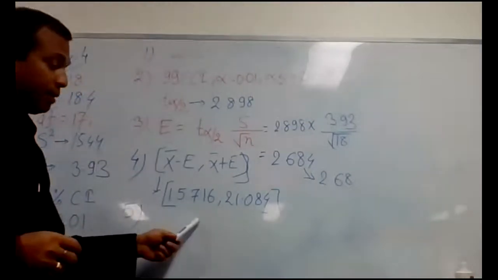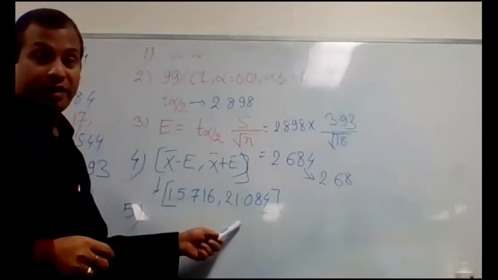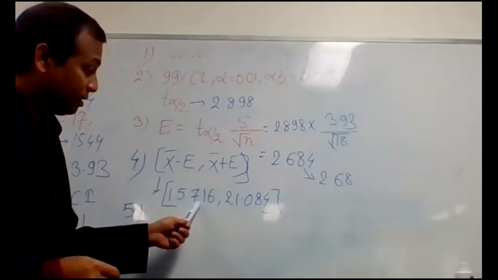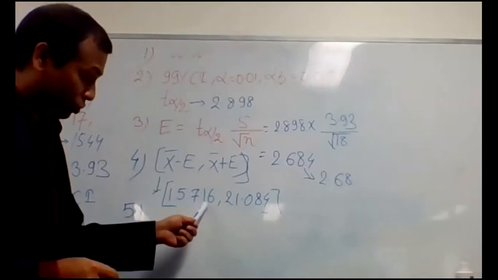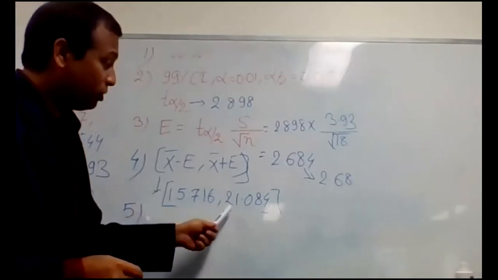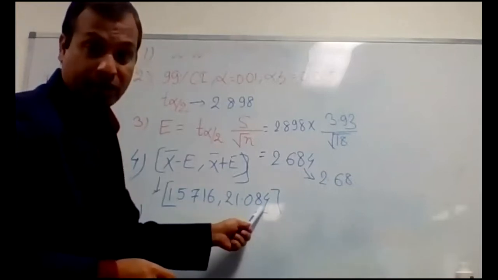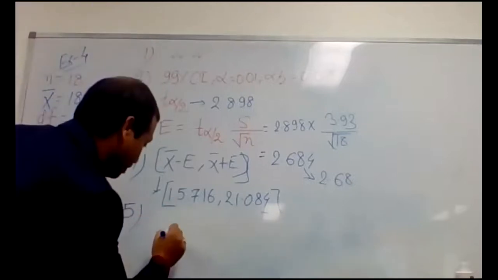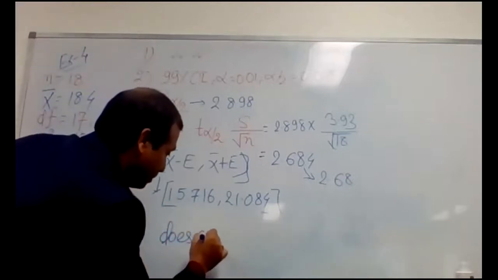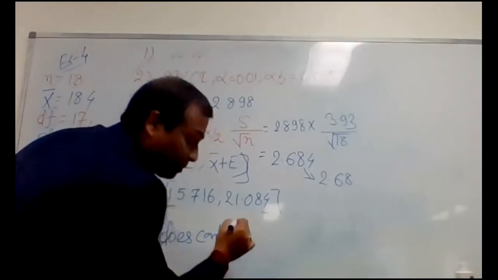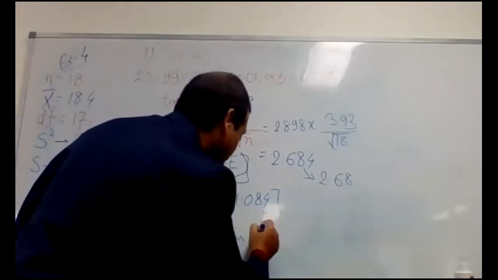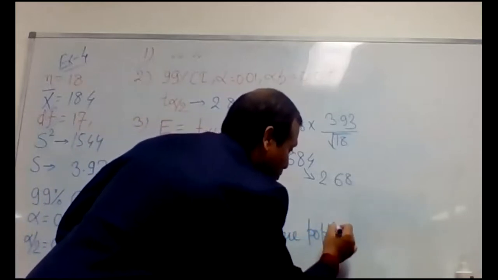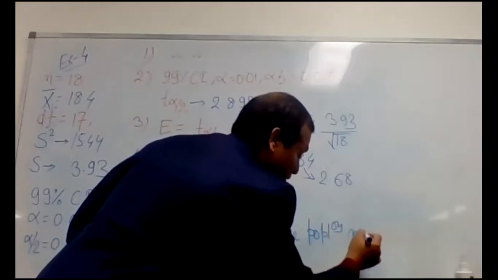So we are 99% confident that the interval from 15.7 to 21.08 does contain, important here, the true population mean.